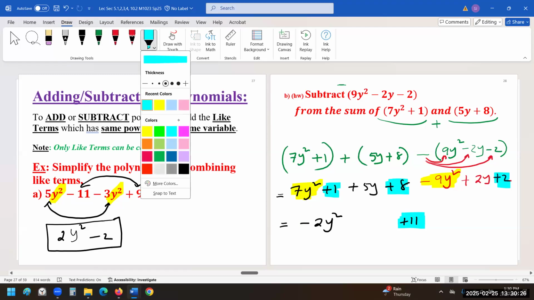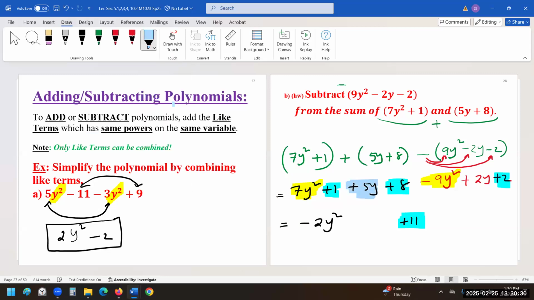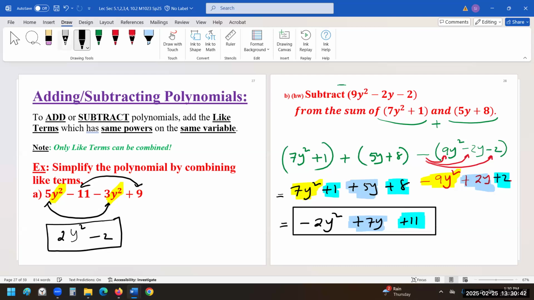So the last thing, we have the y's. So we have 5y and 2y. That gives us a combination of 7y. And this is the final answer.